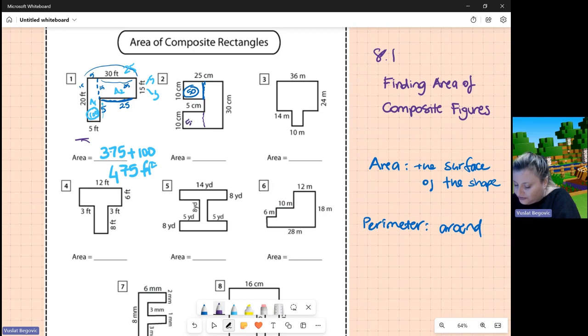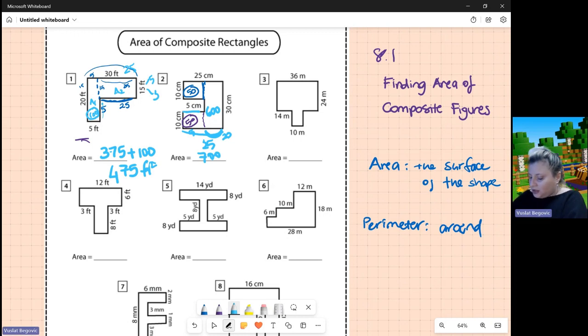So there is one more 50 here. Then the last one: if this is 5, and the whole thing is 25, then this part left is 20. So 20 times 30 is 600. Then I will add all these. 50 plus 50 is 100, and the area will be 700.